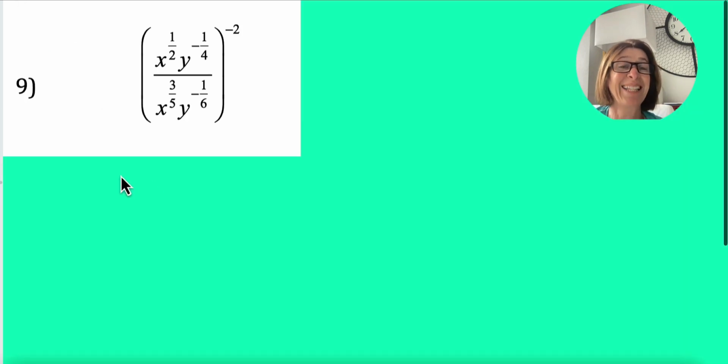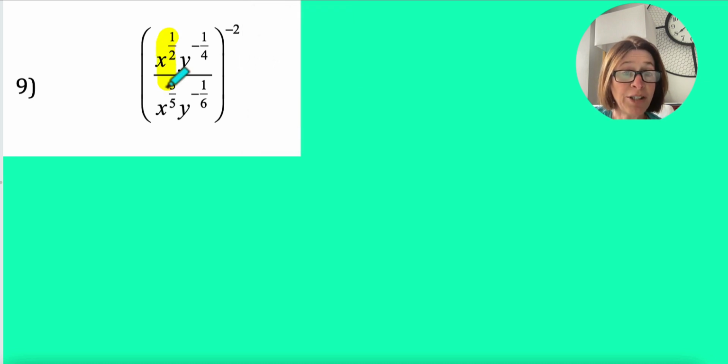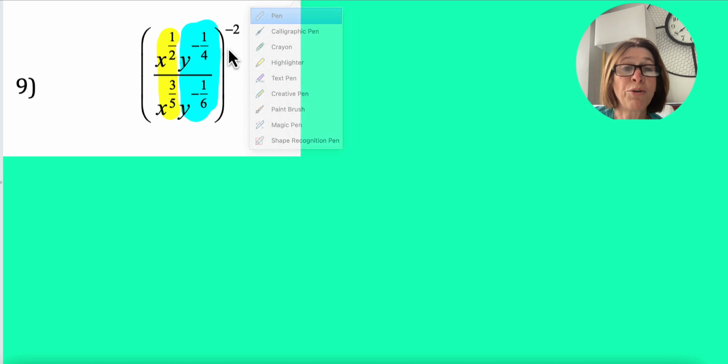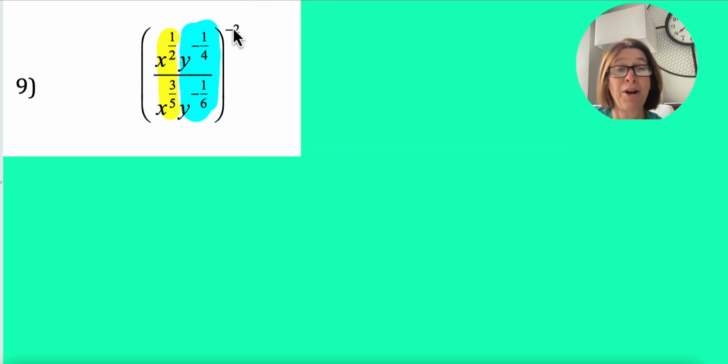All right, number 9, a little bit harder, but you've got to use those rules. So I'm going to highlight here. You could simplify first if you wanted to. You could simplify those first and then flip, okay? Or you could flip the fraction and make the outer exponent positive. It really is up to you. I simplified first inside the parentheses because I wanted to follow order of operations.